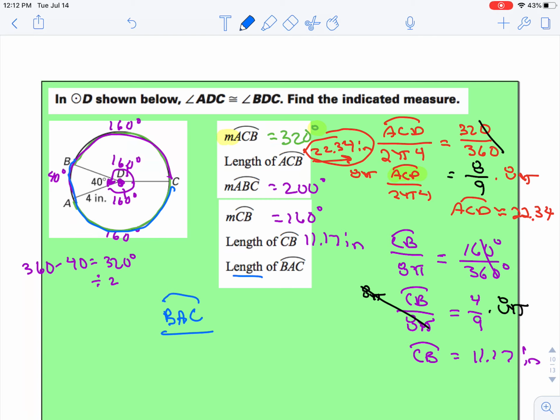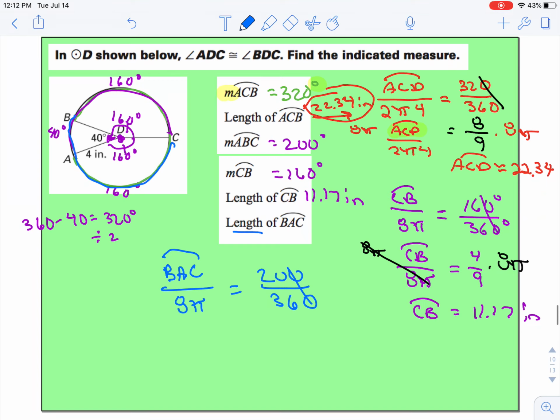So then what I'm going to do is take the length of BAC compared to the whole circumference, so again, 8 pi. It's being the same ratio as the degree measure, which in this case is the 40 plus the 160, or 200, compared to 360.